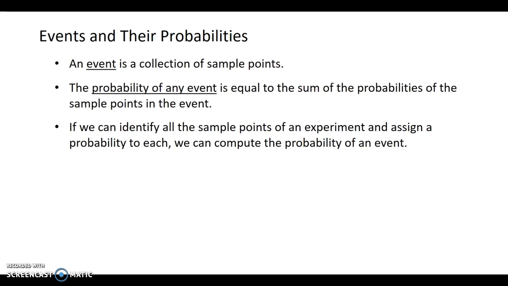We'd say there's a 0.12 probability or 12% probability that you pick a blue and a green M&M out of the bag. If we can identify all the sample points of an experiment and assign a probability to each, we can compute the probability of an event.